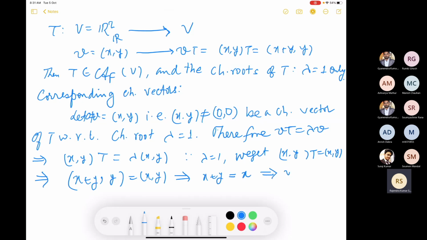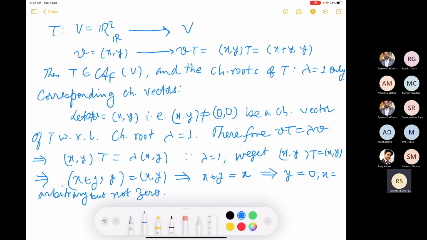So that makes y is equal to 0, and x is arbitrary, but not 0.